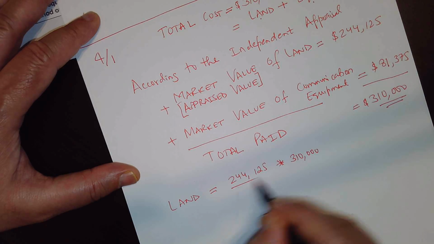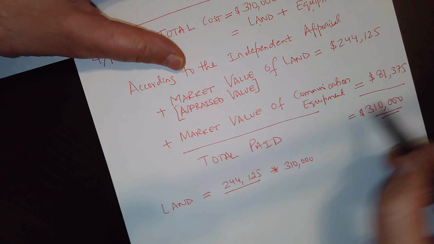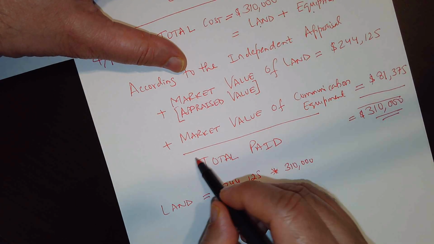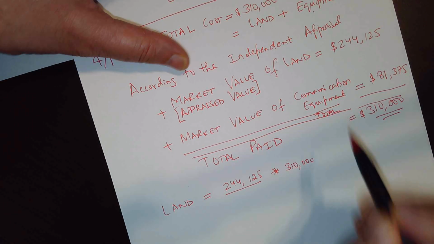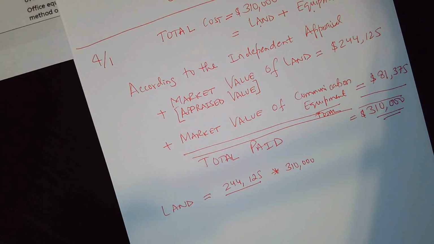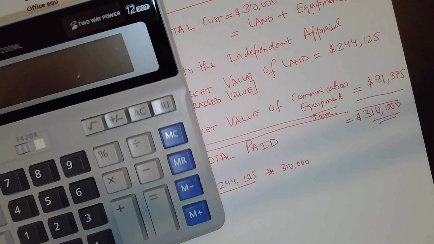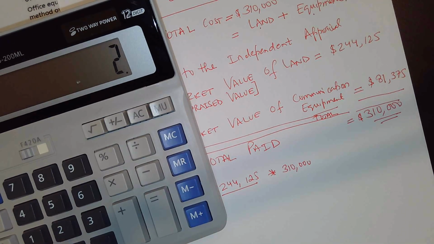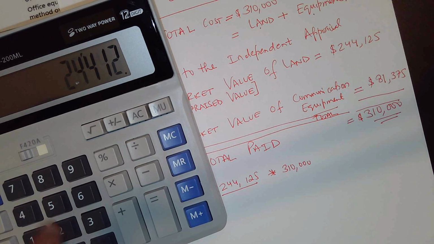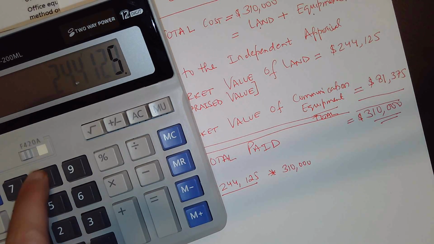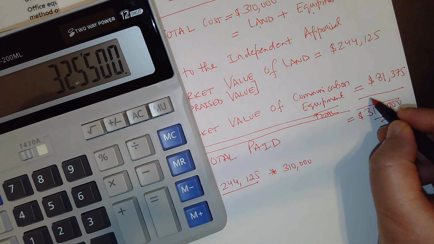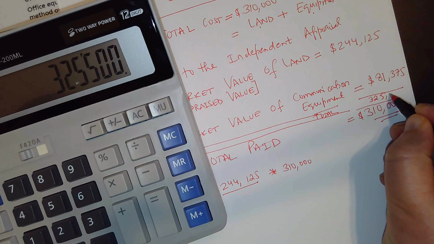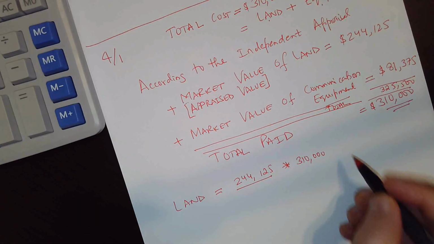So what we need to find out is the total of the two things that we have. The total of these two is 244,125 plus 81,375, which is equal to 325,500.